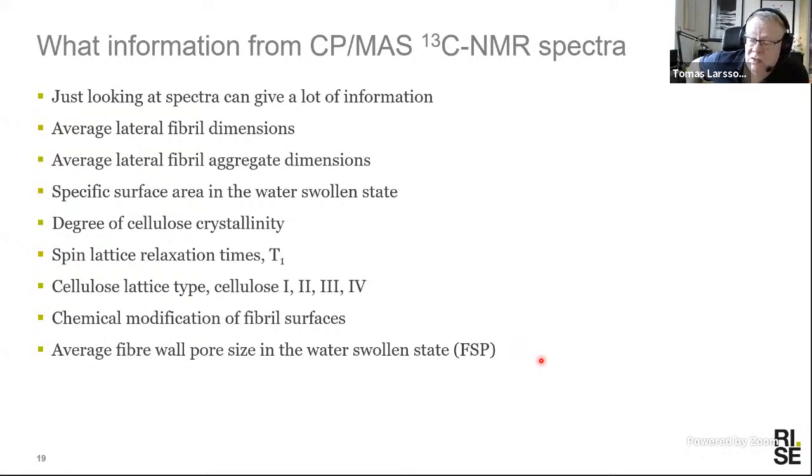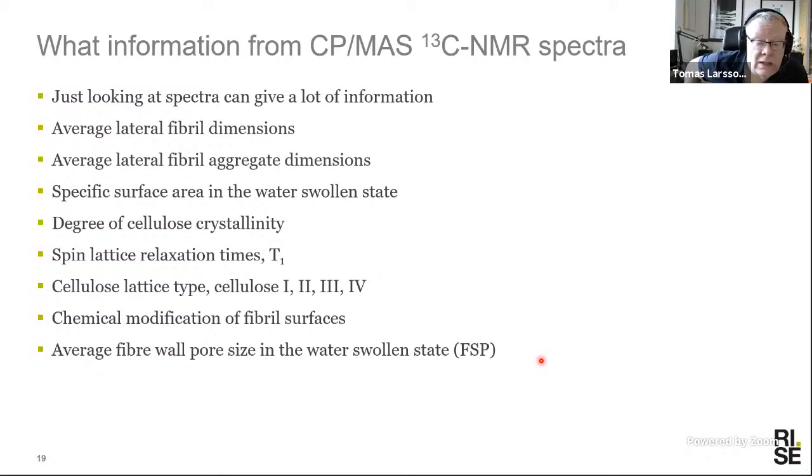We can utilize relaxation time measurements to track dynamics, how rapidly things move about, by doing these T1 measurements. We can distinguish between different cellulose lattice types, 1, 2, 3, 4, or whatever you want to call them. This can normally be done by just the naked eye, looking at the spectra.